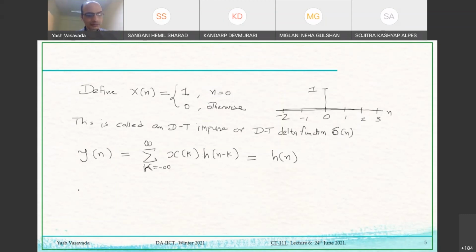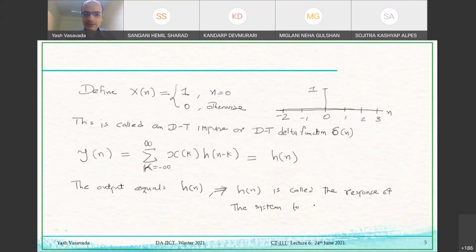So the output equals h of n, and therefore h of n is called the response of the system to an impulse.